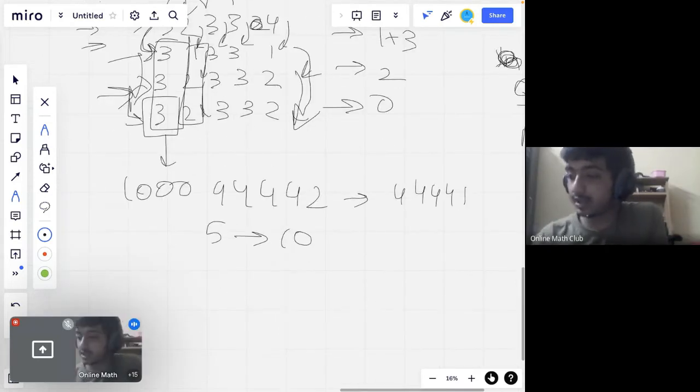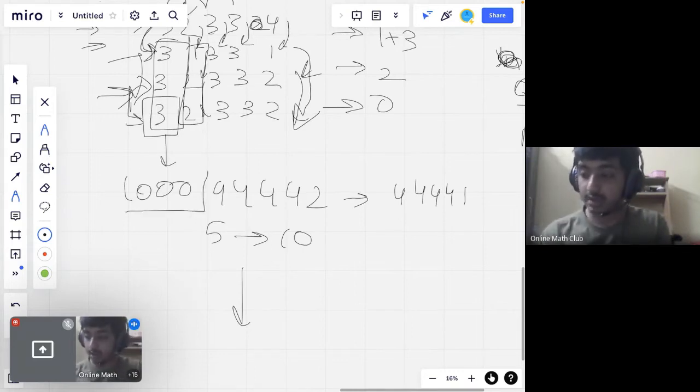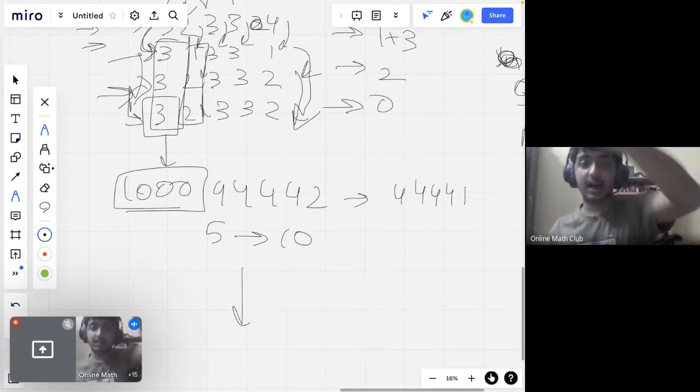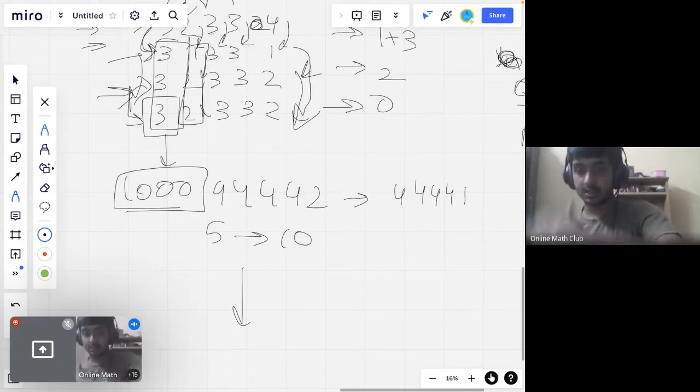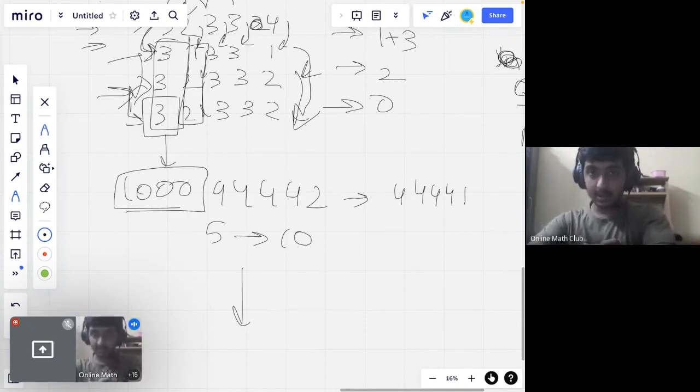Because we showed that in any given row the numbers either stay the same or keep increasing, and we also know that the maximum number is 1,000. So we have a monovariant: these numbers keep increasing or stay the same, and they're also bounded. There's a maximum number, so they can't increase forever.